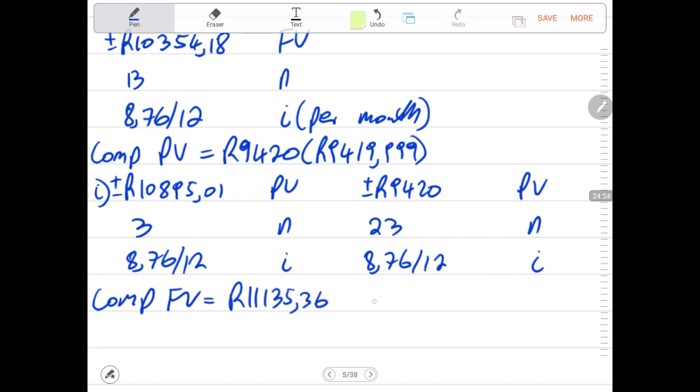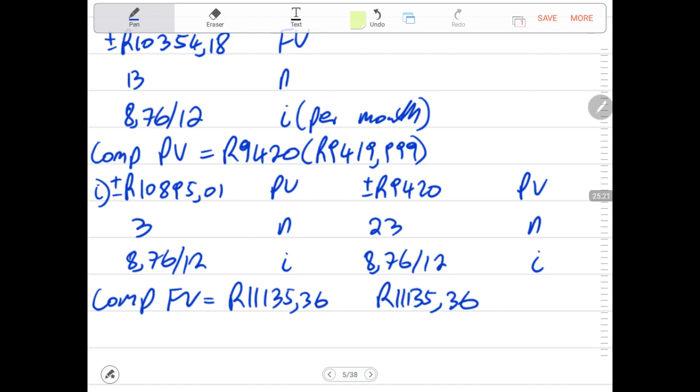Let me then check the second one. If we start from the beginning, 9,420 plus minus present value, 23 is N, 8.76 divided by 12 is I, compute future value. I get 11,135 rand 36 cents.